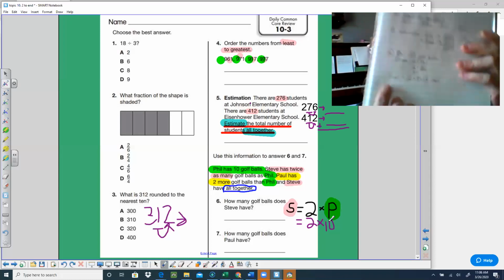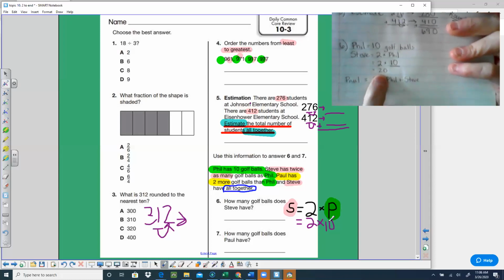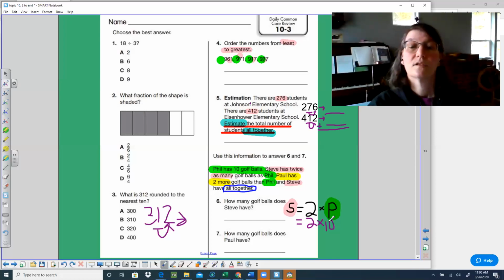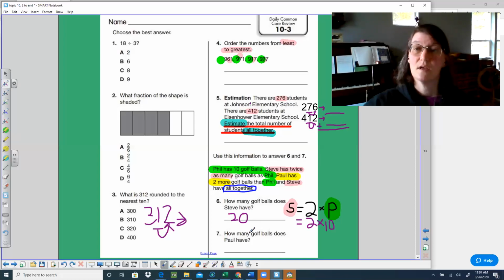So hopefully you now added the 20 down below. So remember, this gets you ready for algebra later in life. So all of us should have written 20 down on our paper.